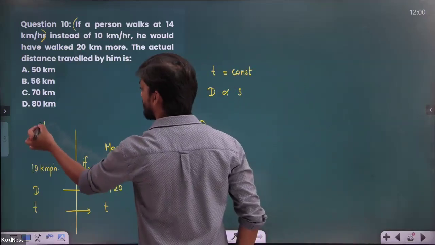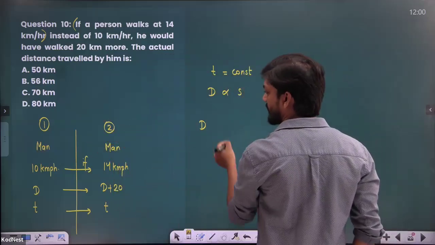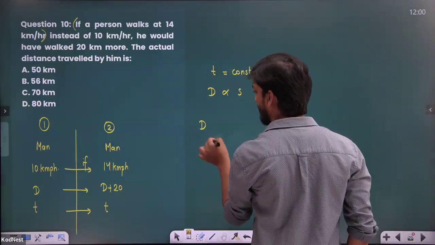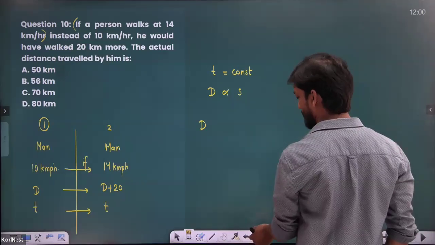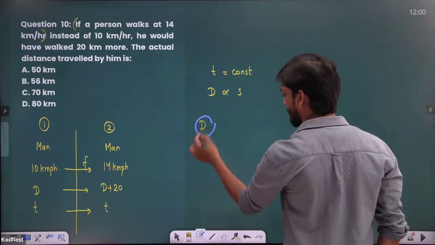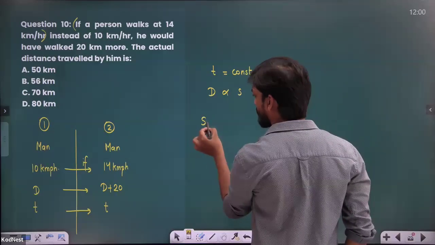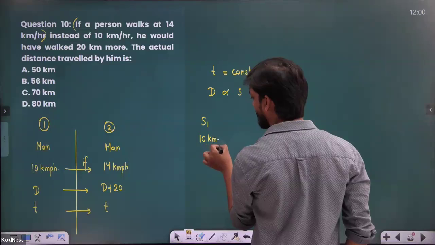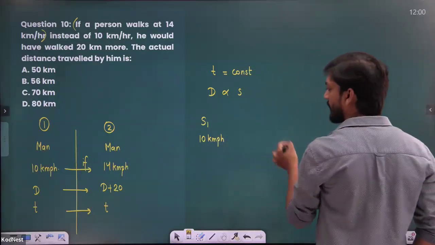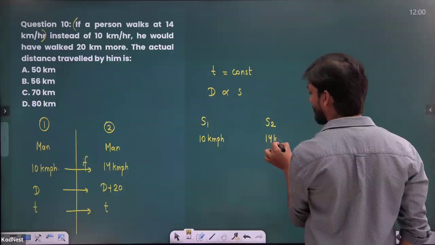Think of it as case number one, case number two. Let me first write the speed, since speed is given. Speed in the first case is 10 kmph, and speed in the second case is 14 kmph.